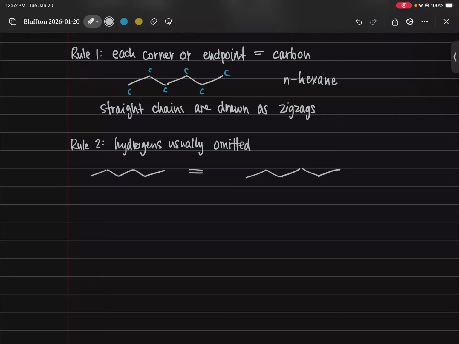And then the carbons on the end are going to get how many hydrogens? 3. Carbon has to have 4 bonds. And all 4 carbons in the middle are going to have how many? 2.